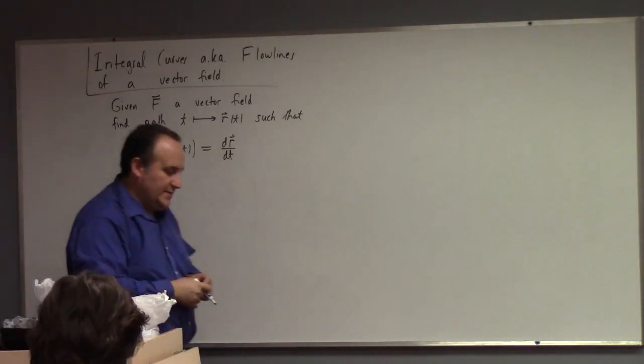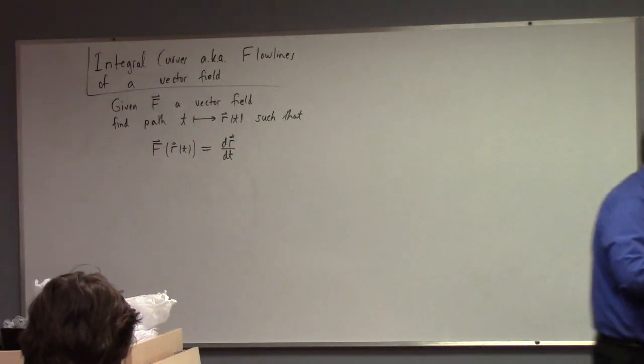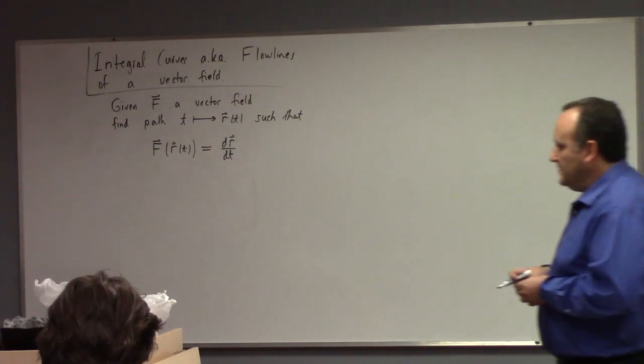So what this would mean is that the tangent vector field to the curve would match the vector field at each point of attachment.